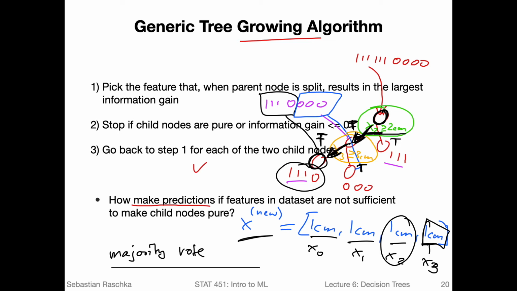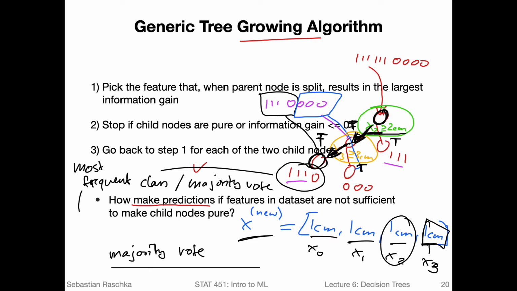That would be our majority vote, which would be the prediction. So in this case, predict class label 1.